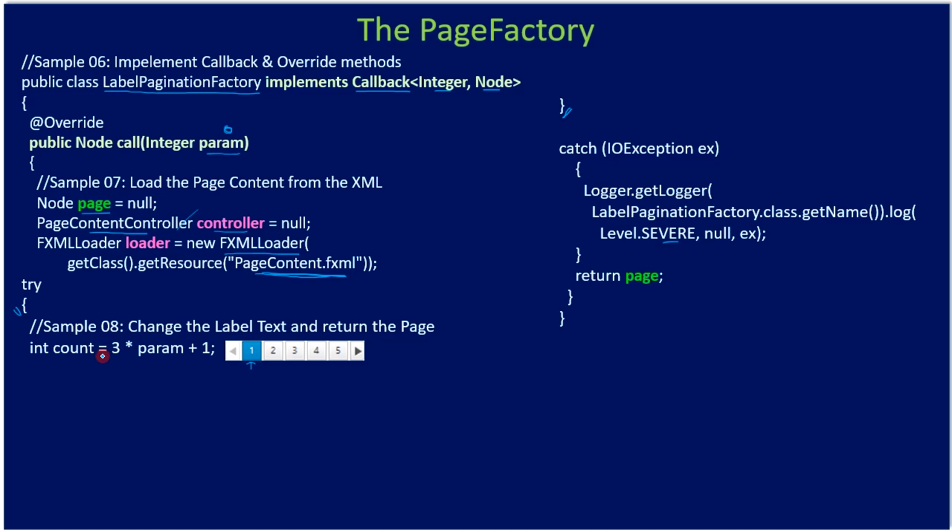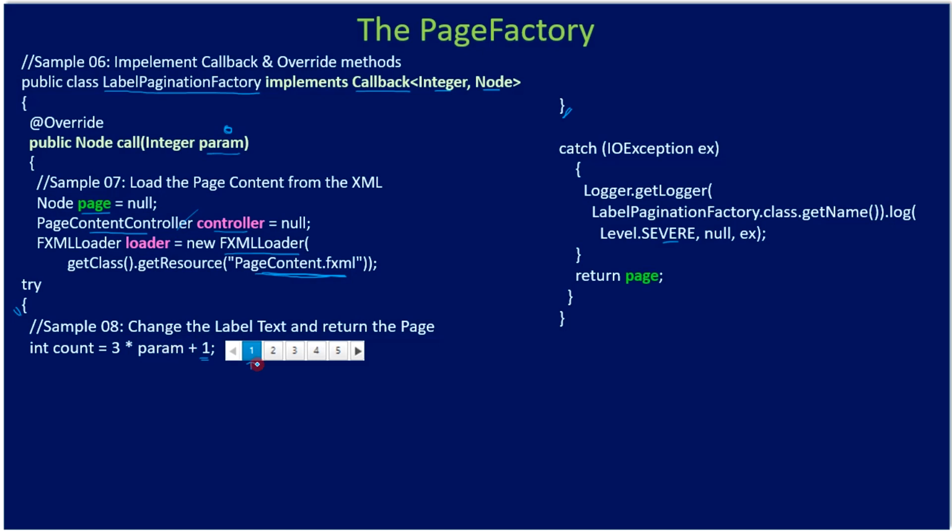Here, based on this, we are forming a simple calculation, 3 into param. Let's state that the user clicked the first page. That means param will be 0. 3 into 0, 0 plus 1. That means here we are doing the calculation to know what is the label.